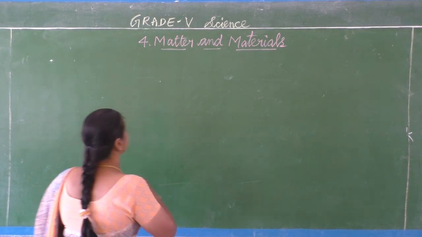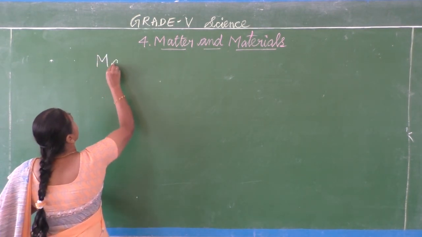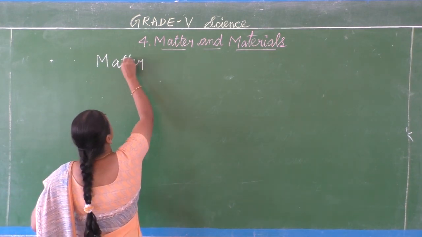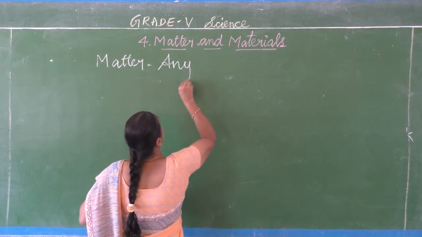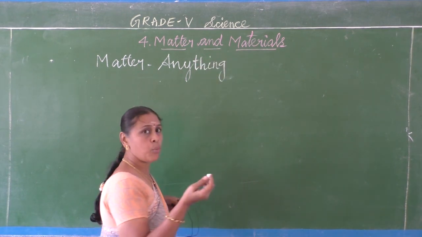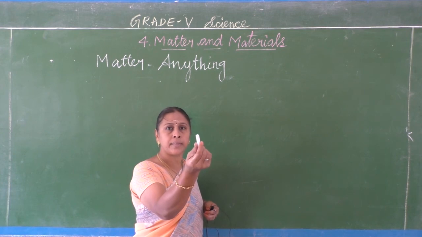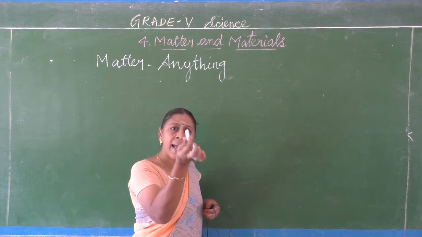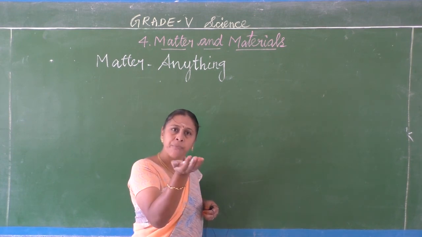So what is matter? Matter is anything. It may be a table or chair or water bottle or even this chalk piece. This is a matter because it has weight.